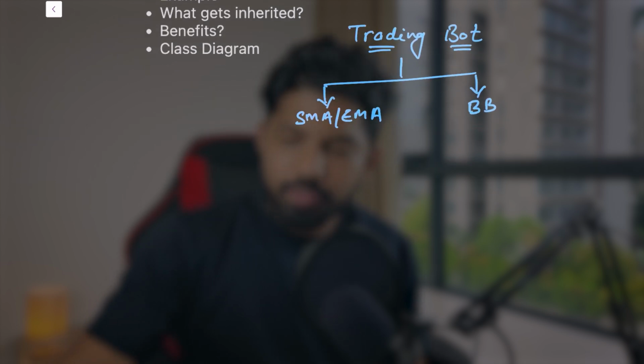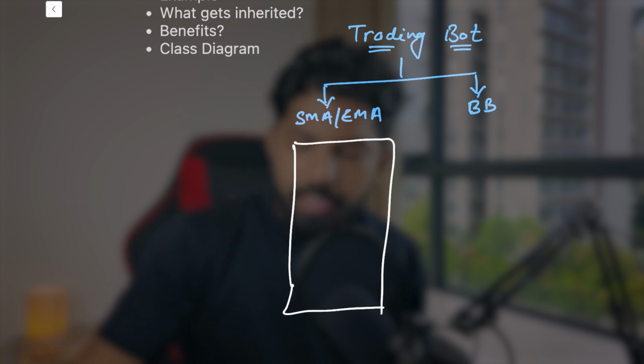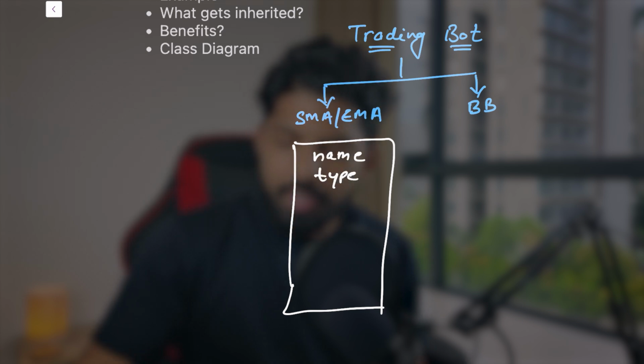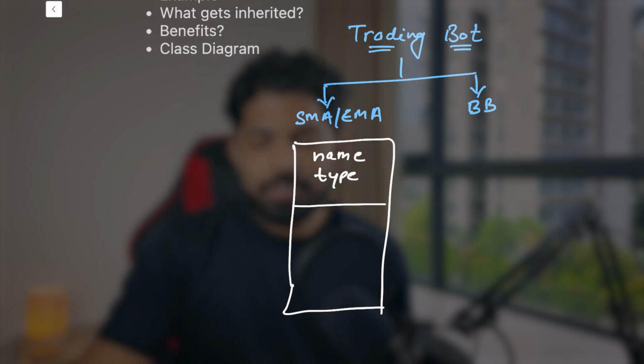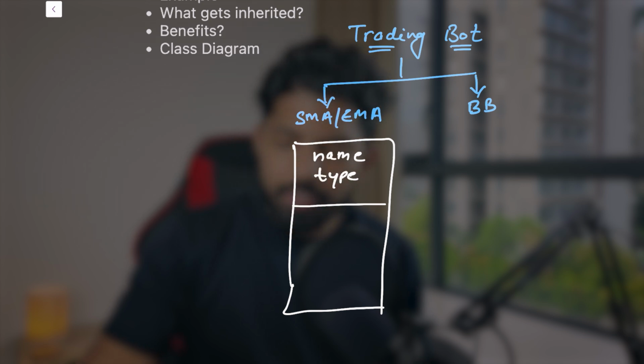So in that class, first you will write the name of the strategy. And then let's say you write the type. Type means whether the strategy is technical or fundamental, right? Then you write some methods. In methods, you can write the calculation code. So a method to calculate first the SMA, and then you can also write another method to calculate EMA.